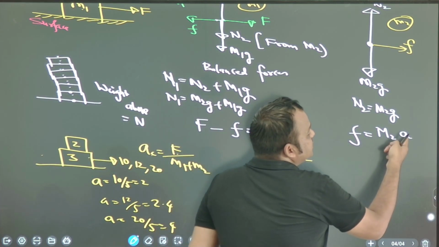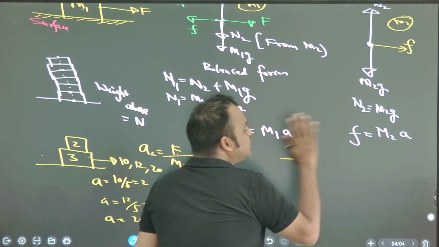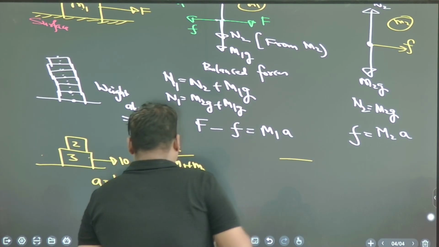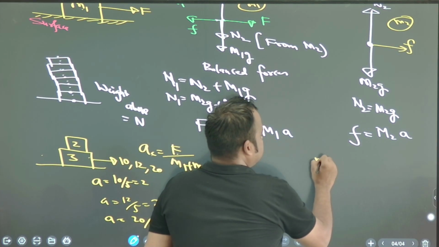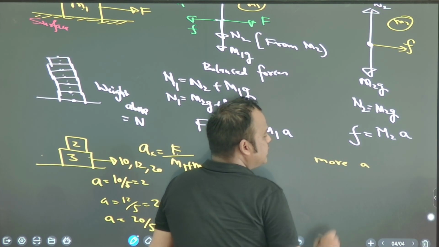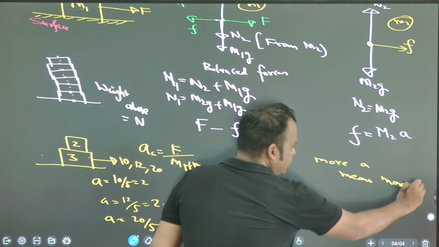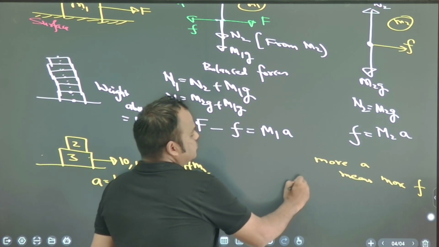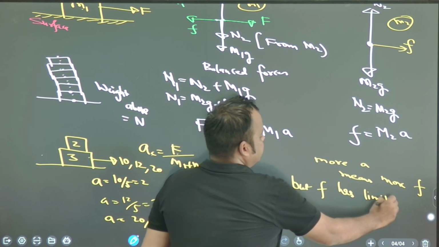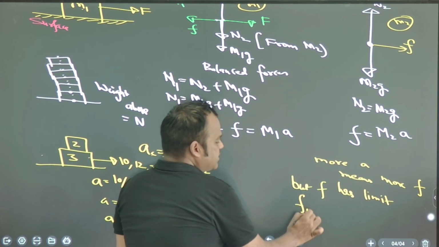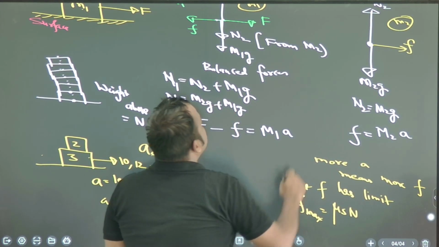Now more common acceleration means more friction. But friction has limit. What is that limit? Tell me, limiting friction, what is that? Mu s N. Mu s N1 or N2?